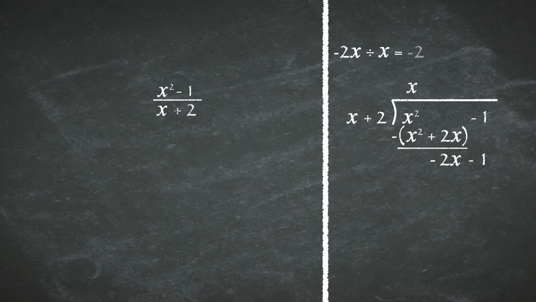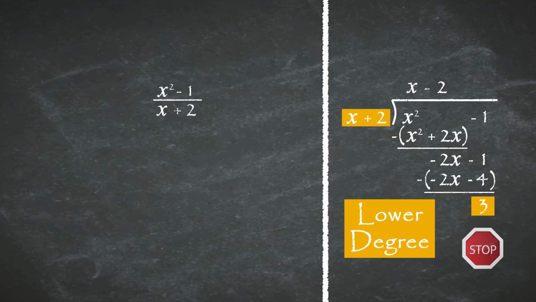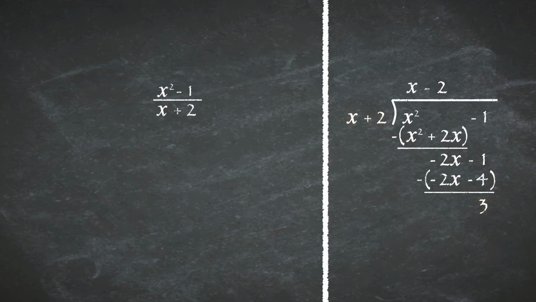We get negative 2. Then multiply negative 2 to the divisor to get this, and subtract it from negative 2x minus 1 to get 3. Since 3 has a degree lower than the divisor, we stop the long division.